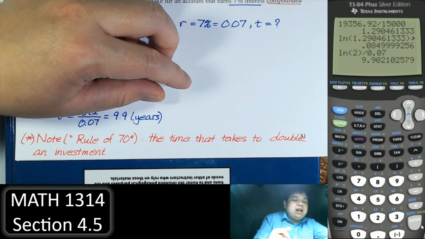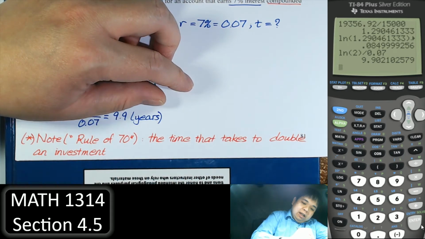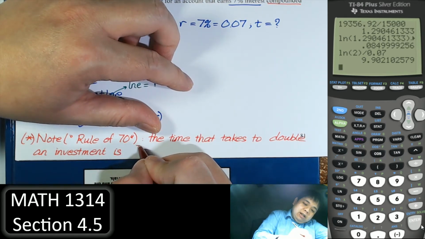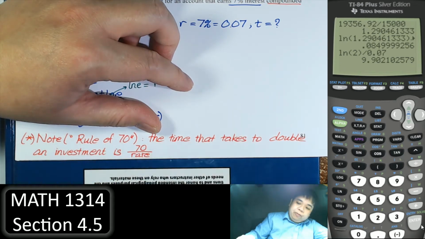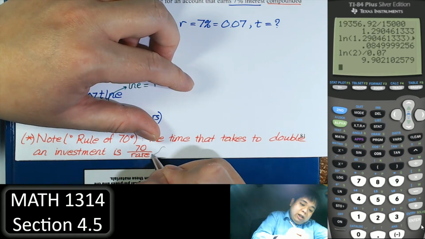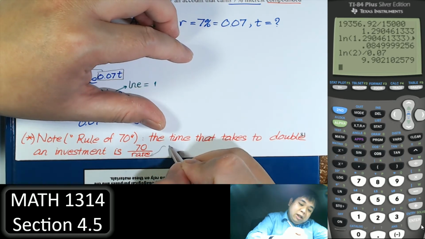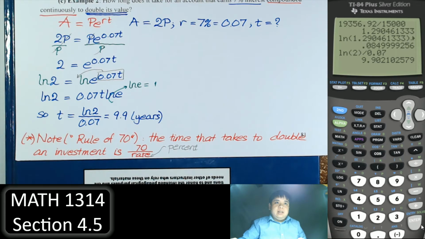The time for that is 70 divided by the rate. And just want to note here, the rate is not a decimal. It is in percent.